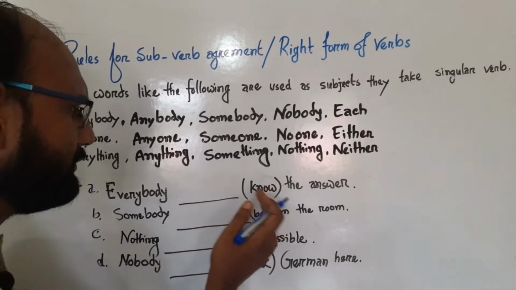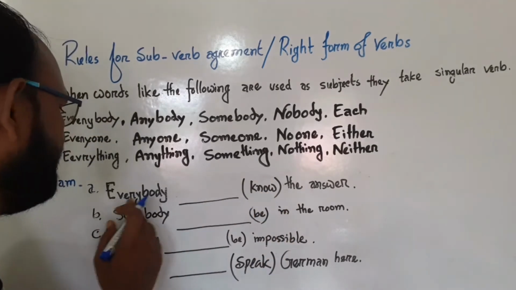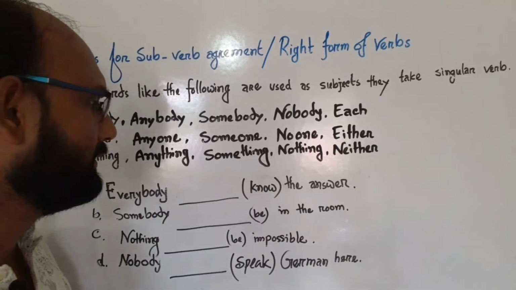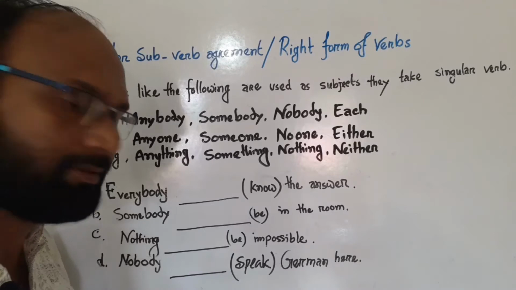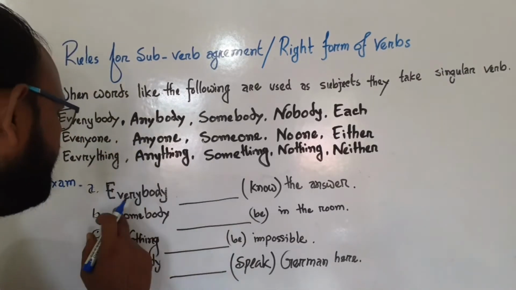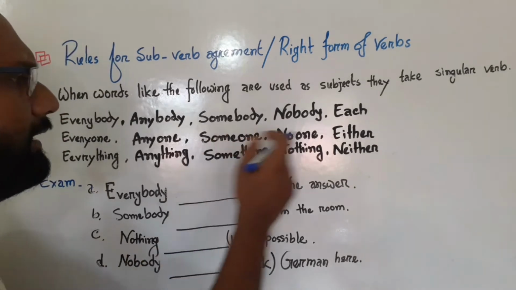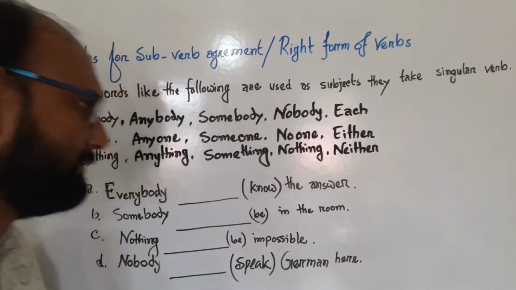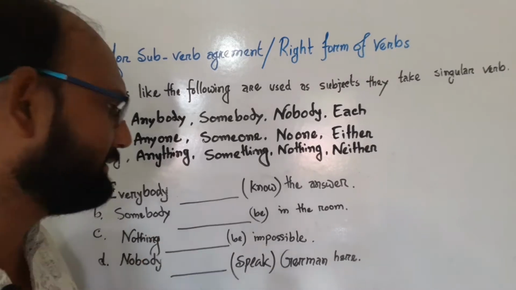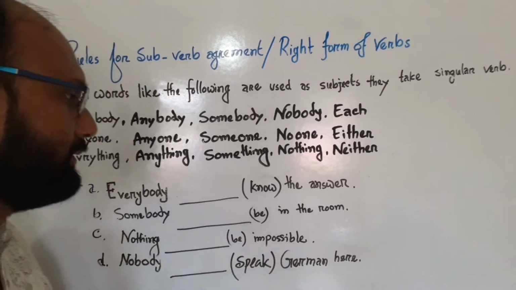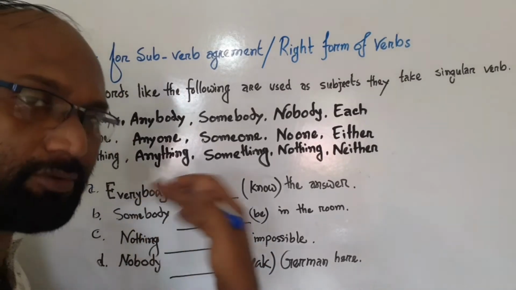Now we will use a singular verb after everybody. If everybody, somebody, nothing, nobody, etc. are used as subjects, we will use a singular verb after those words.